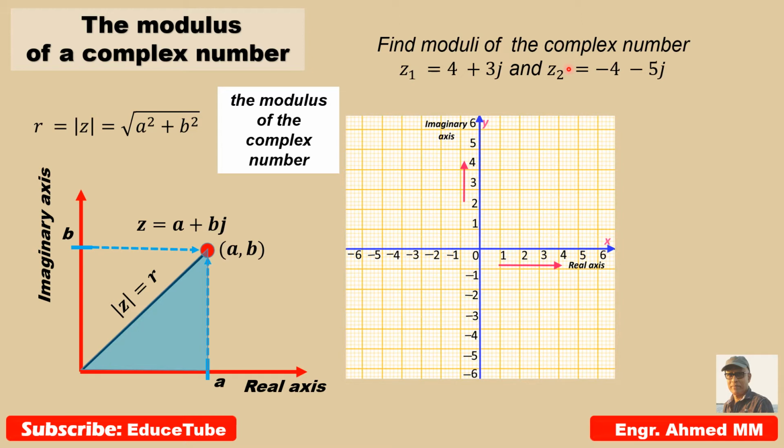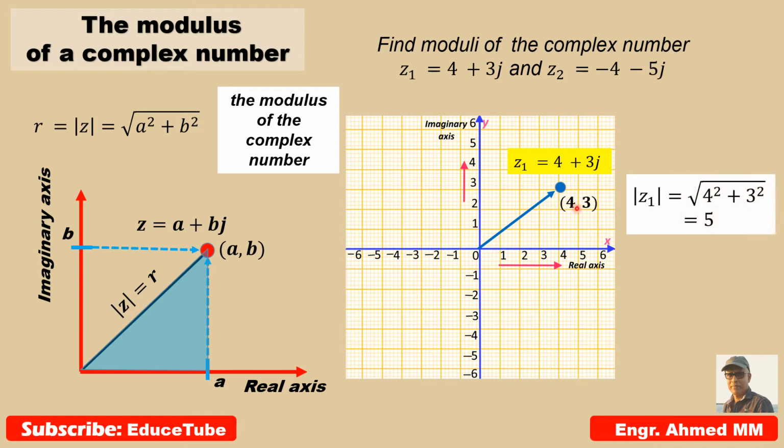Say I am taking z1, coordinates (4, 3). So I got the value for the modulus, I mean r, equal to absolute z1, it is 5. So I put here 5, the same as this one. Let's move to z2.